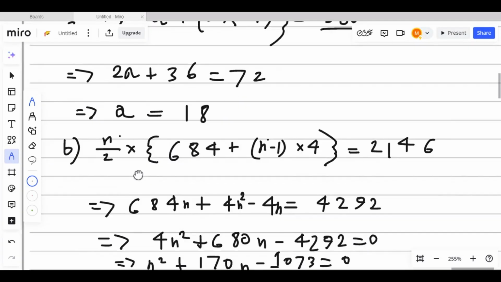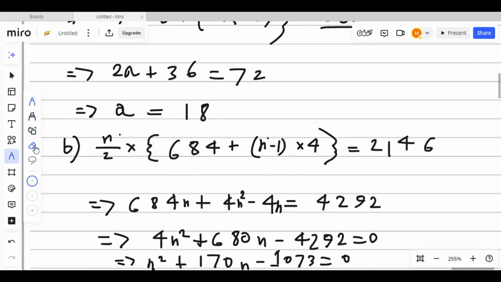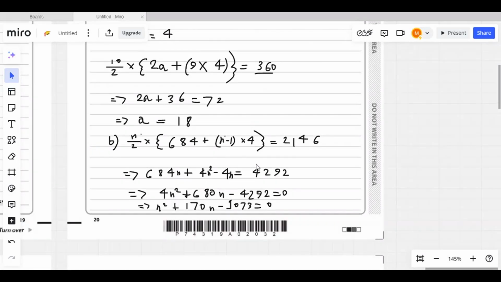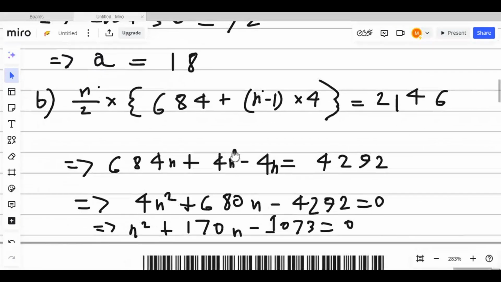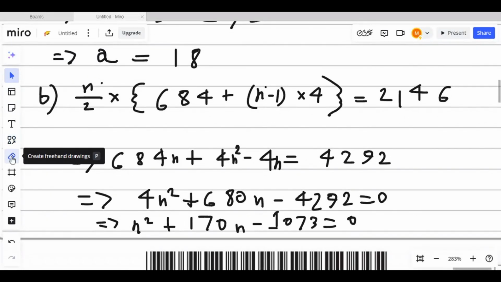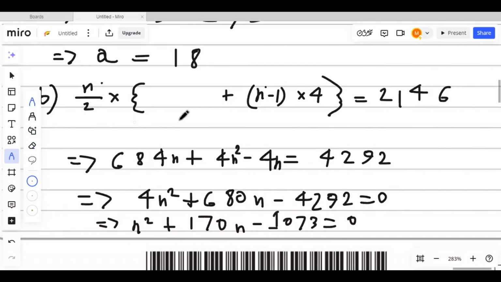Okay, this is the value of A. So in place of A, it should be twice of A. So this is 36. You will get 36n there.